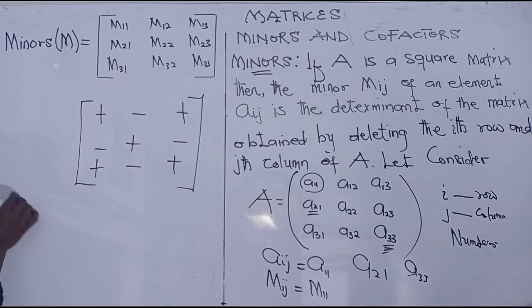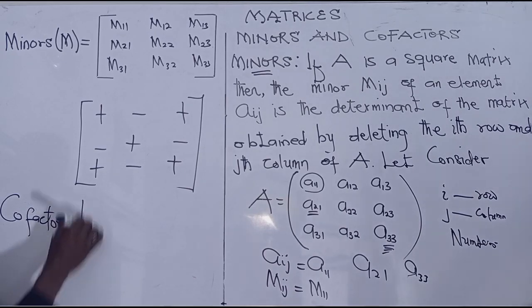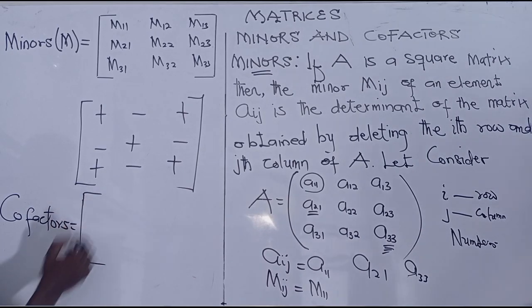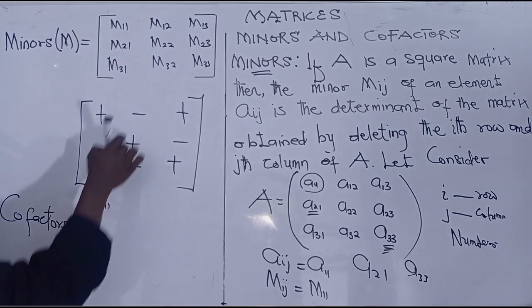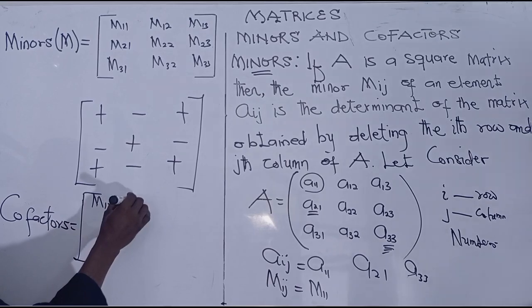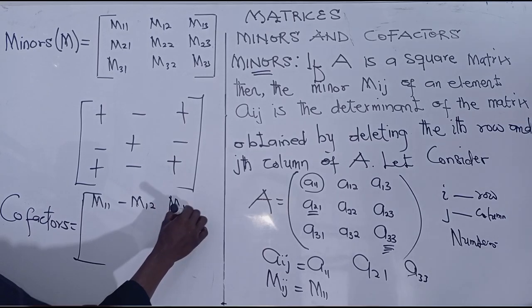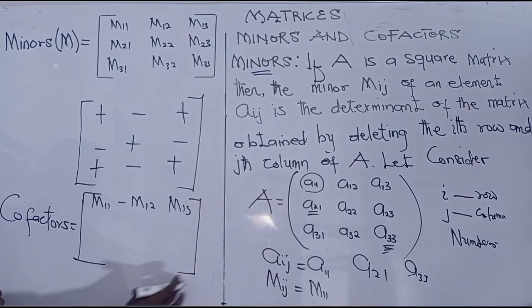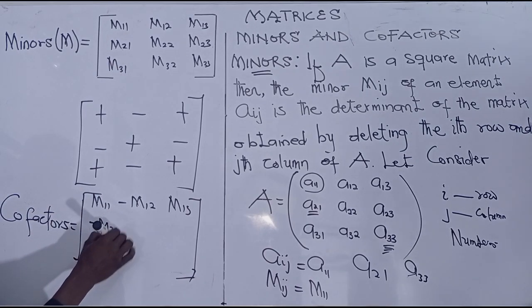So we have our cofactors. So we have this times that will give us M11. Minus times M12 will give us minus M12. Positive times M13 will give us M13. Then we have minus times this will give us minus M21.